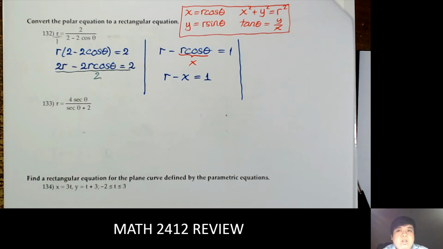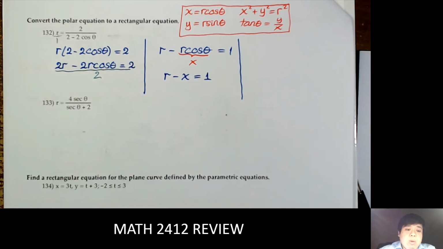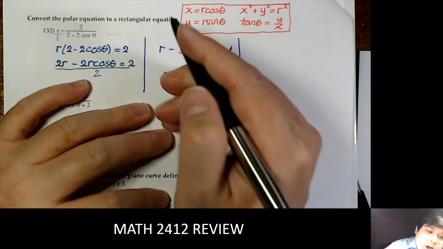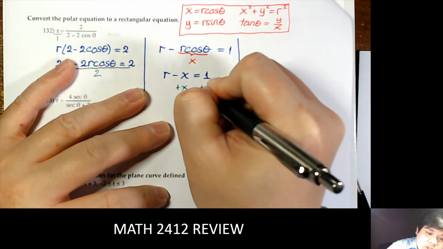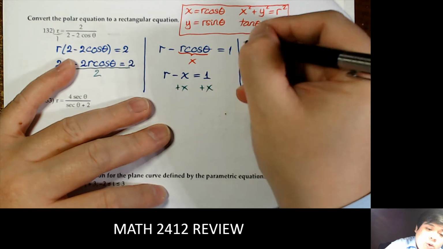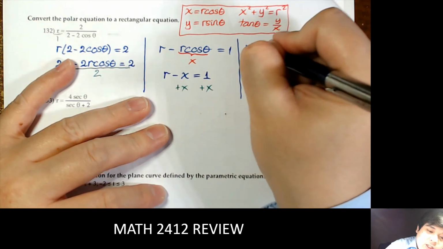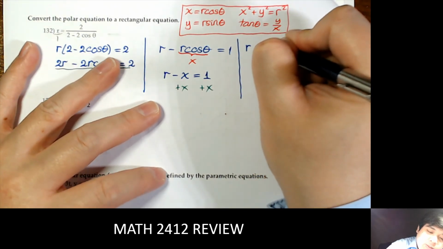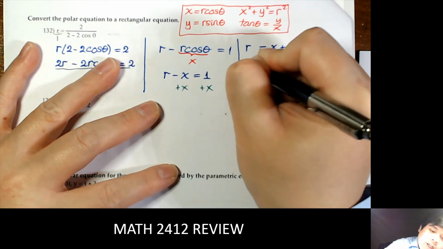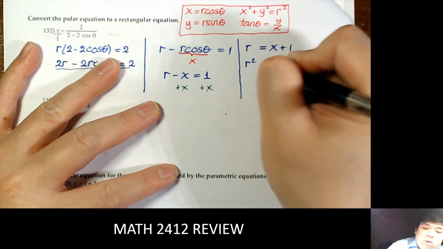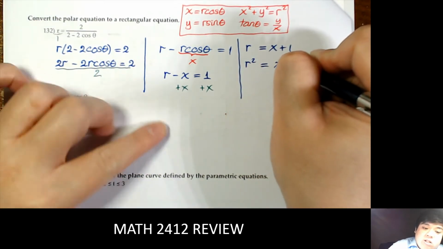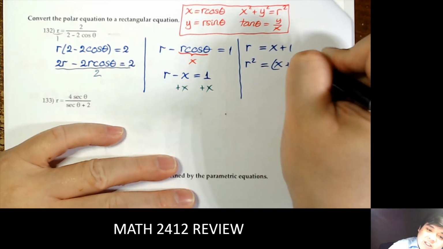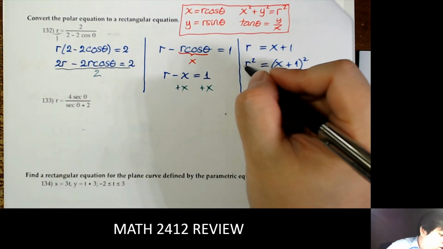But if we square both sides, there's a term that is rx. So before we square both sides, it will be much better if we add the x on both sides. So in that case, when we square both sides, we just have the r squared by itself, which is a lot better than the r with the minus x. And then we just multiply it out.